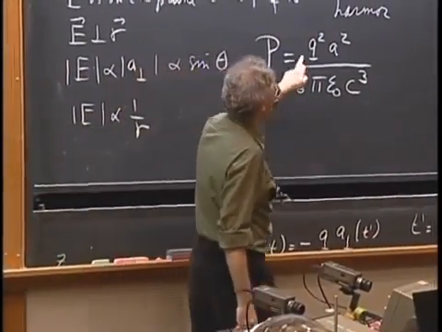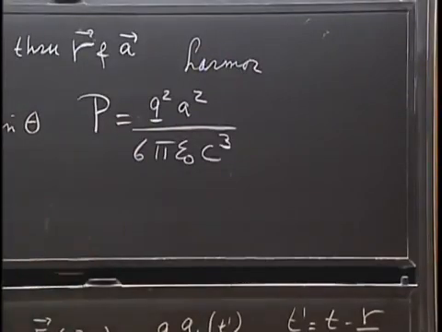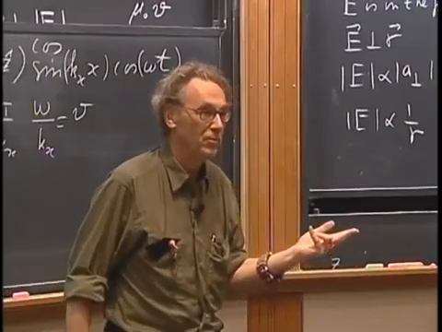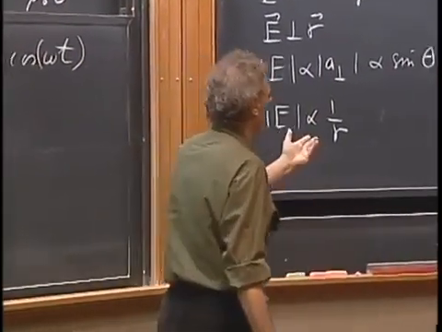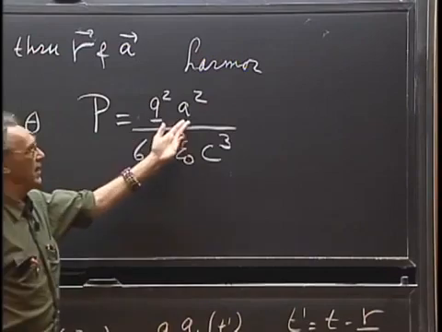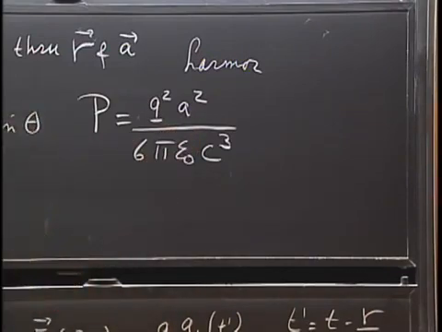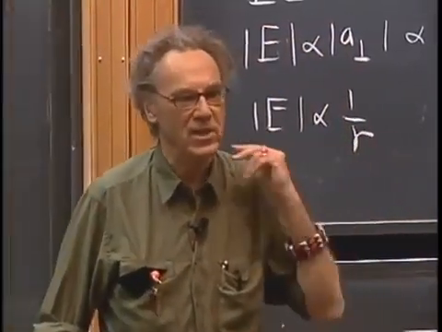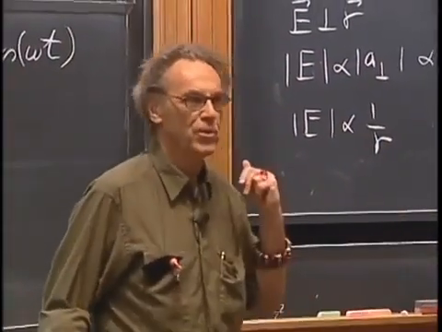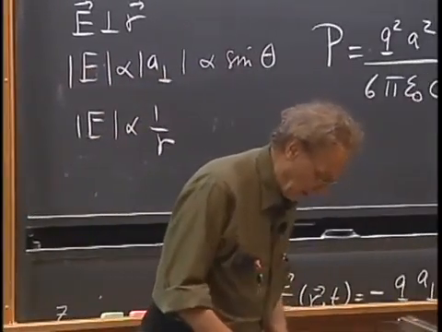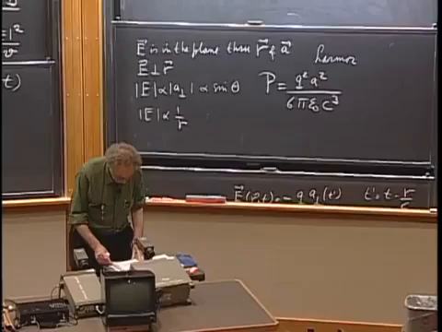It's obvious that it is proportional to Q squared, because E is proportional with Q, so B is also proportional with Q. So the Poynting vector will be proportional to Q squared. It's also obvious that there is an A squared, because E is proportional to A perpendicular, but nevertheless A, and B is also proportional to A. So it's no surprise that you get a Q squared and an A squared.